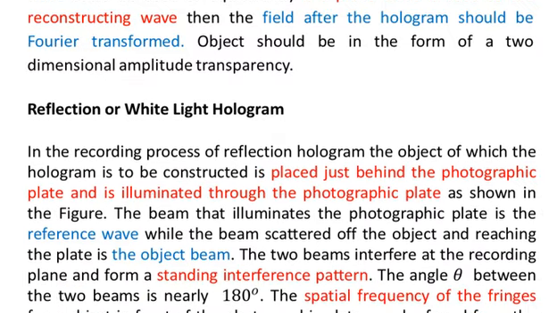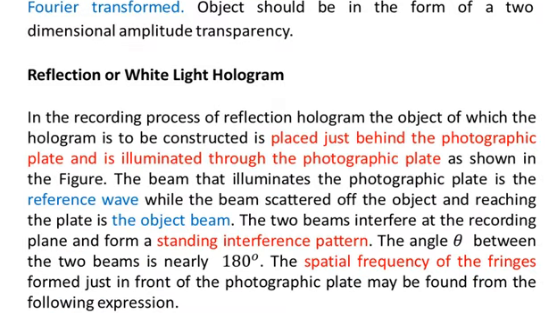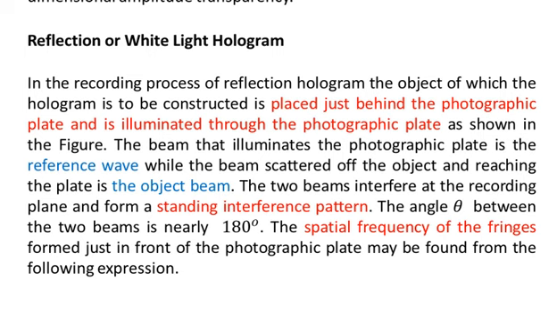Reflection or white light hologram. In the recording process of a reflection hologram, the object of which the hologram is to be constructed is placed behind the photographic plate and is illuminated through the photographic plate, as shown in the figure.